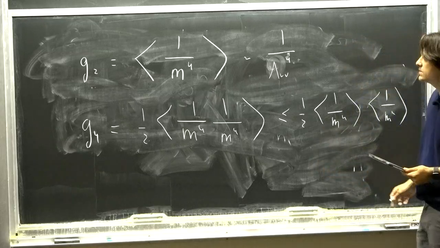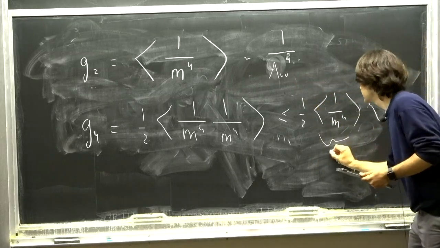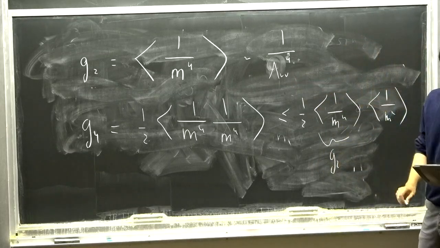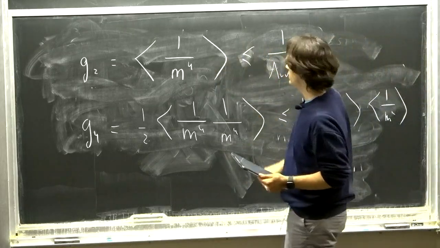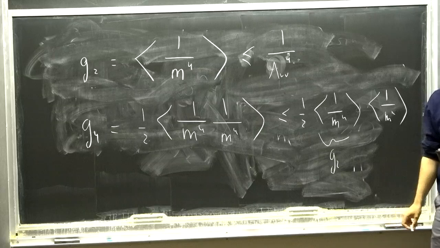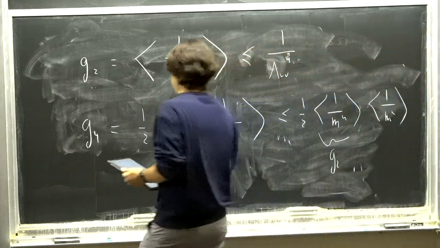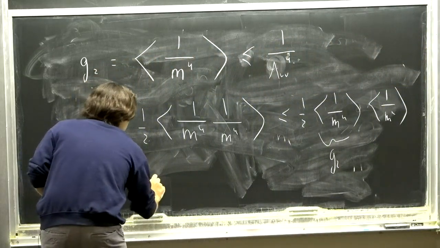I can write one of these as G2. And this one, I already told you that this basically has to be smaller than or equal than 1 over the lambda UV. So actually, I get an inequality.